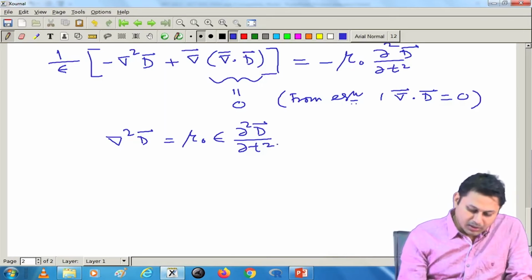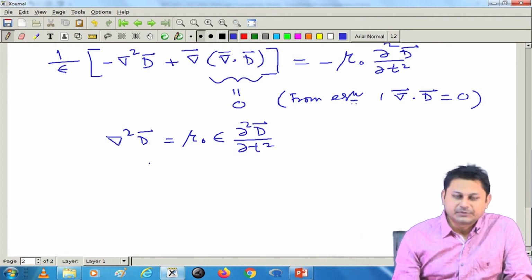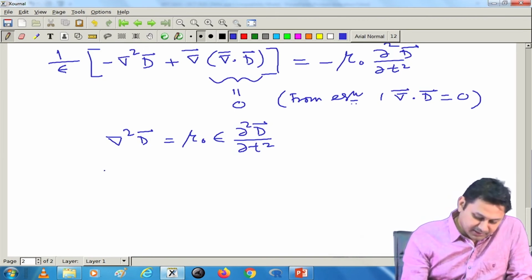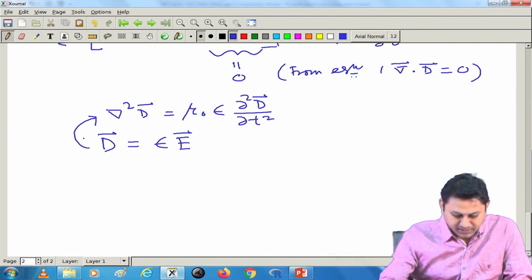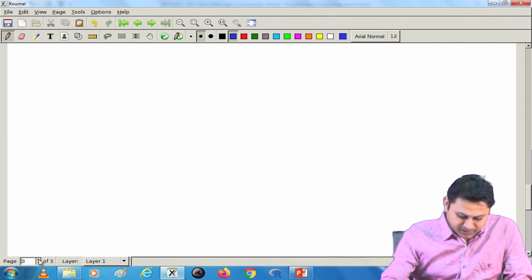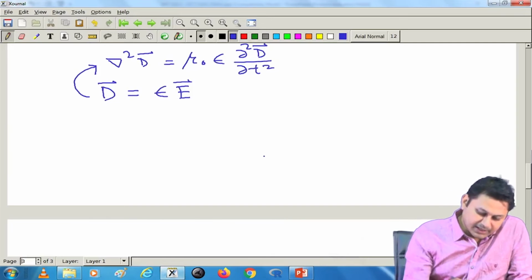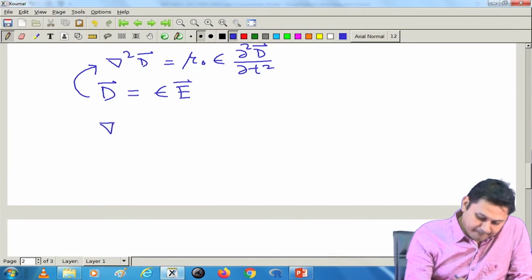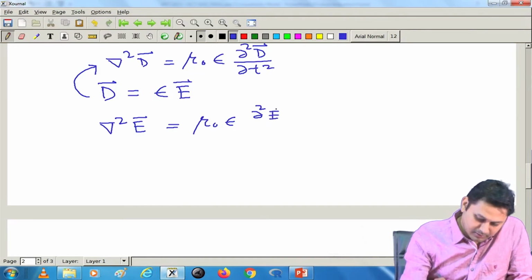Now, if I want to write this entire equation in terms of the electric field E, I need to replace again, because D is epsilon E. So, I can have grad square E is equal to mu 0 epsilon del square E del t square.